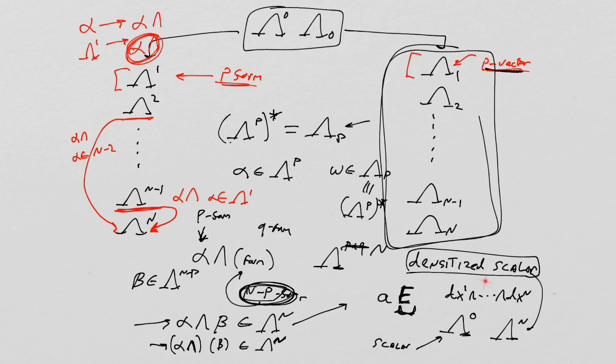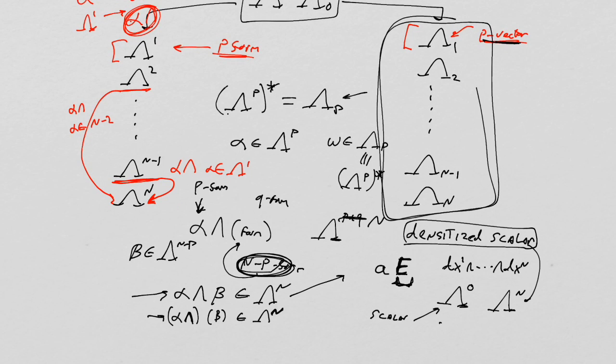And this thing here, instead of being the top form, becomes the top n vector, partial 1 wedge partial n. And when we take a tensor product with respect to this, we call that a capacity.